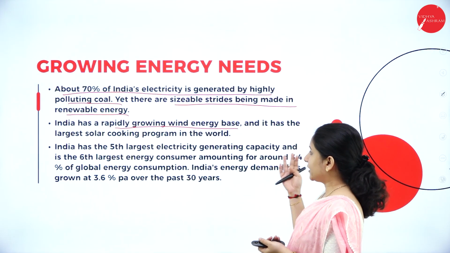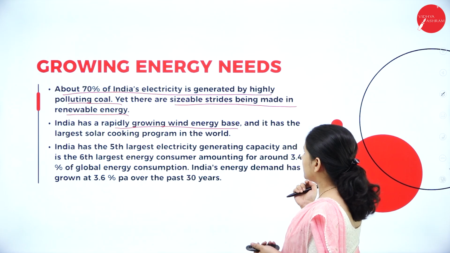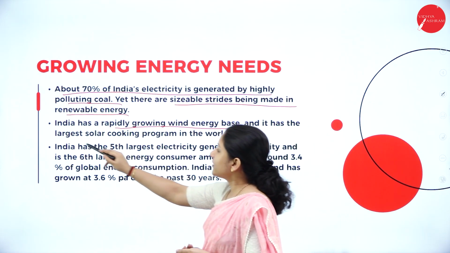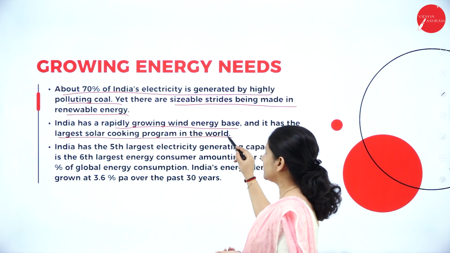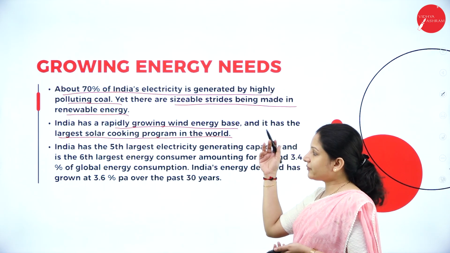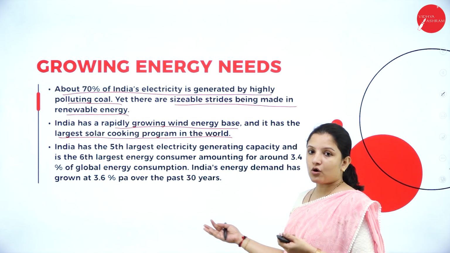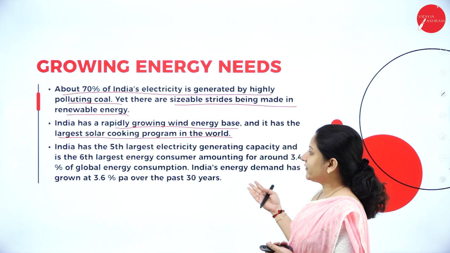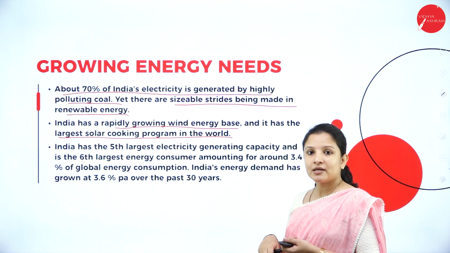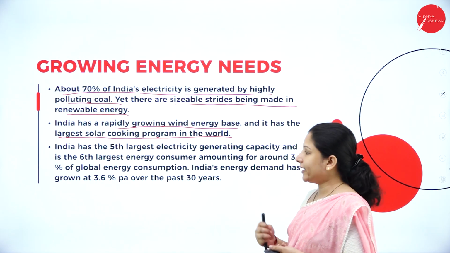Therefore India is rapidly growing its wind energy base, and it has the largest solar cooking program in the world. So these are the renewable resources we have shifted to instead of depending on non-renewable resources, such as wind energy and solar energy for cooking and for electricity.